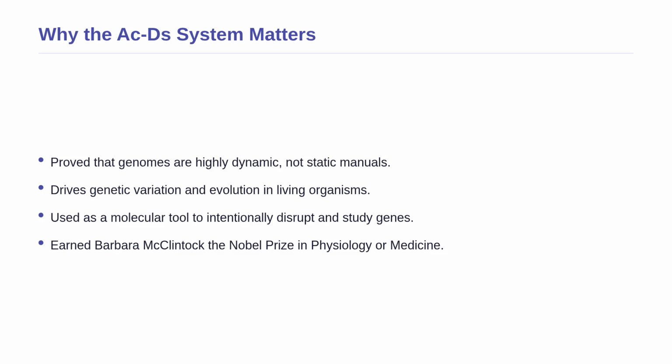This movement is a major driver of genetic variation and evolution. Today, plant geneticists use this exact system as a powerful molecular tool. By intentionally letting these genes jump and disrupt other genes, scientists can figure out what specific genes do, helping to breed crops with better drought resistance or disease immunity. This pioneering work was so revolutionary that it earned Barbara McClintock the Nobel Prize.